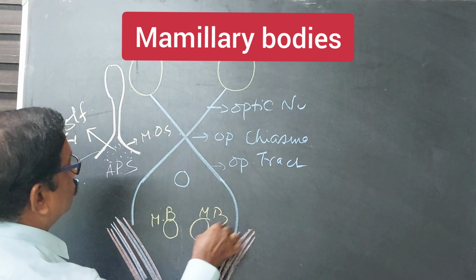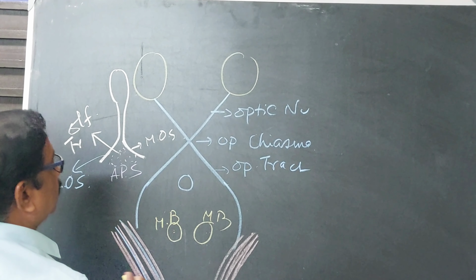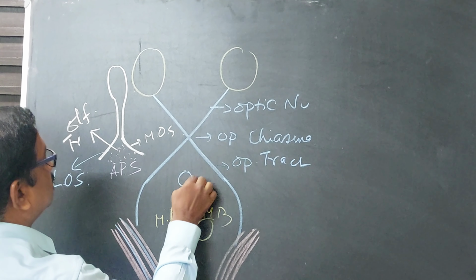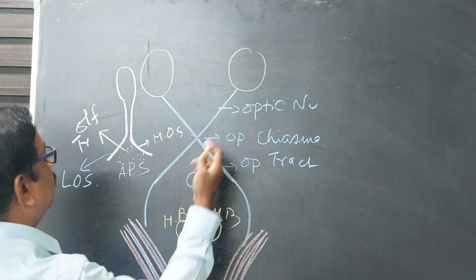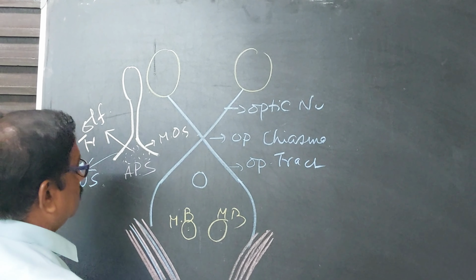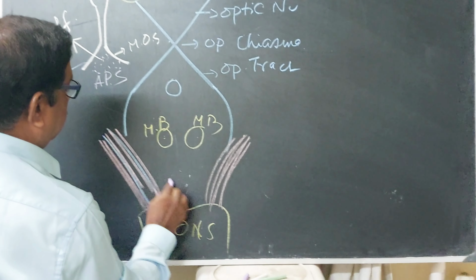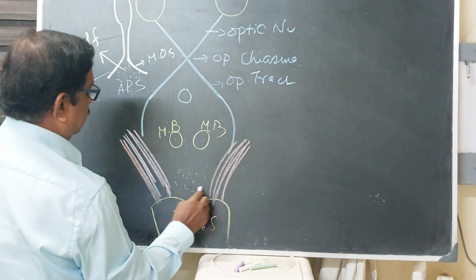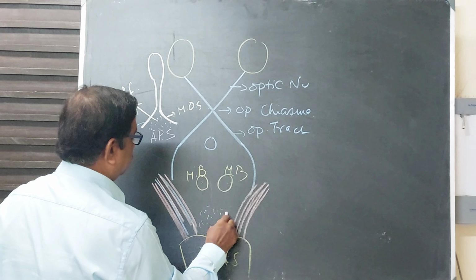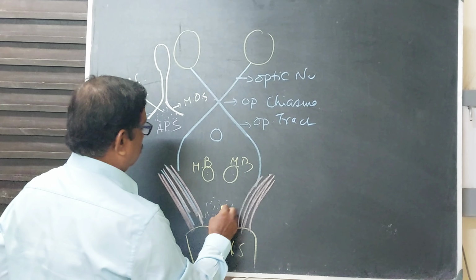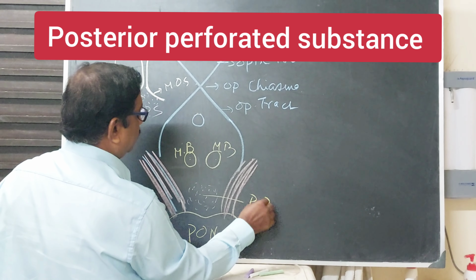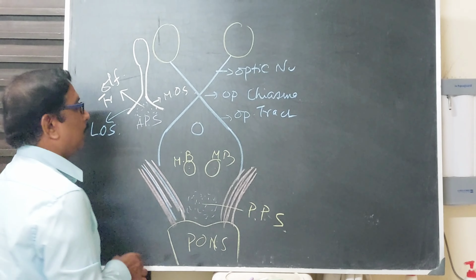These two are the nuclei of the hypothalamus, and this tuber cinereum and infundibulum is attached with the pituitary gland, and here in this region you will get again some neurons or gray matter. It is called posterior perforated substance.